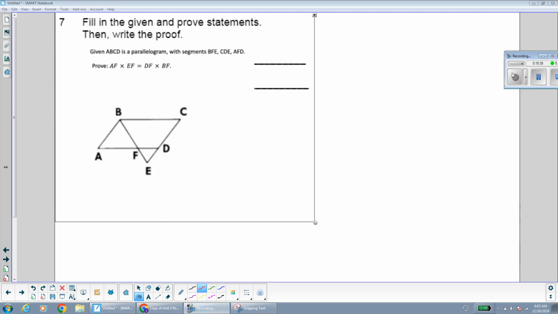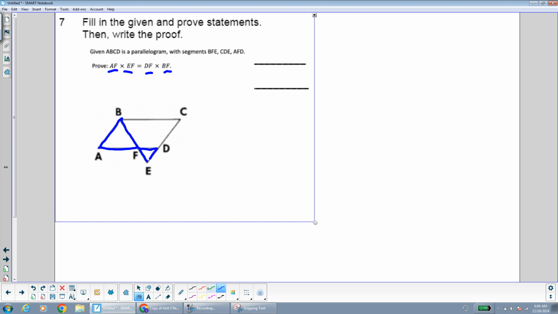In this question, we're writing a proof. So we need to prove a product. So we have 3 steps. Prove triangle similar, prove a proportion, and then prove a product. I'm going to use the proof statement to figure out which triangles I'm proving similar. AF, EF, DF, so one triangle, BF.